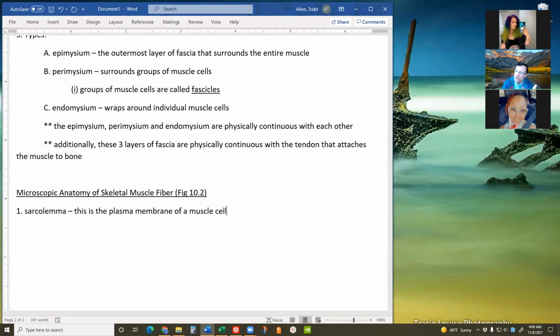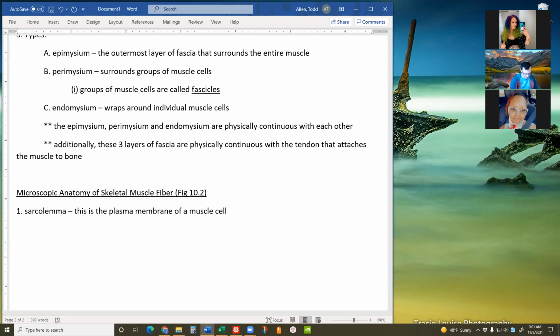In other words, the term sarcolemma cannot appropriately be used to refer to a neuron plasma membrane or an epithelial cell plasma membrane, because the field of anatomy and science has defined the sarcolemma as a muscle cell plasma membrane, okay? So as you get more focused and more specialized, you will use more specialized terms. Yes, the sarcolemma is just the plasma membrane, but it's specifically the plasma membrane of a muscle cell.